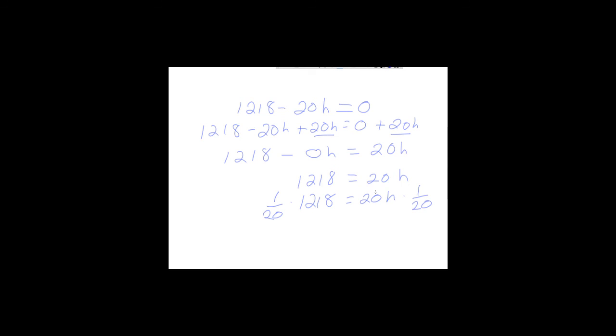That leaves me with 1h. I don't write the 1 there. 20 goes into 1,218 60.9 times, or our answer is approximately 61 hours. So now we've got a value.